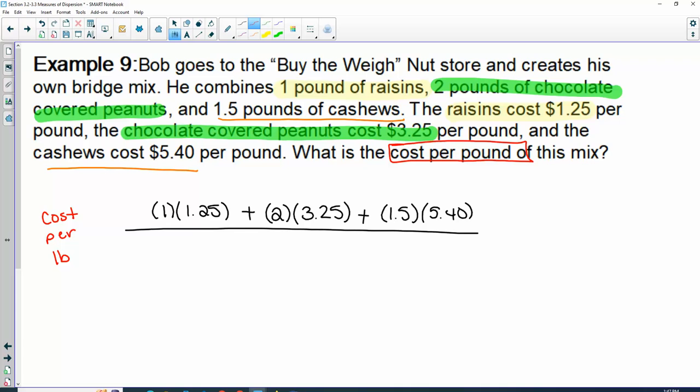So if we add together our pounds, we had 1 pound of raisins, 2 pounds of chocolate-covered peanuts, 1.5 pounds of cashews.